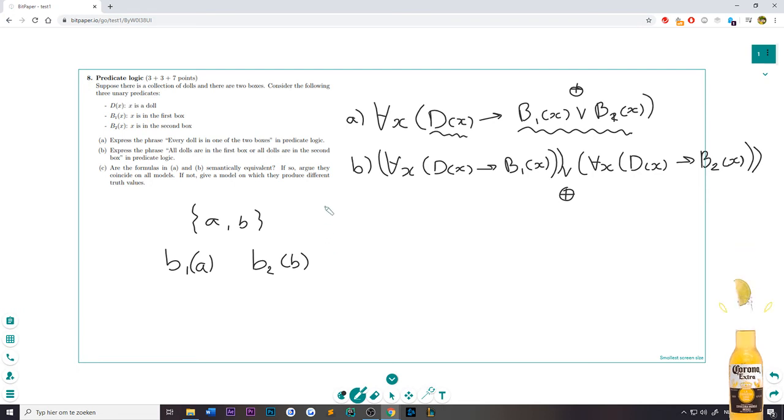Well, then the first one holds, but the second one doesn't hold anymore, right? And so that's a model in which they produce different truth values. And that's your answer to C. And you get 7 points for this, so that's really nice. Questions about this?